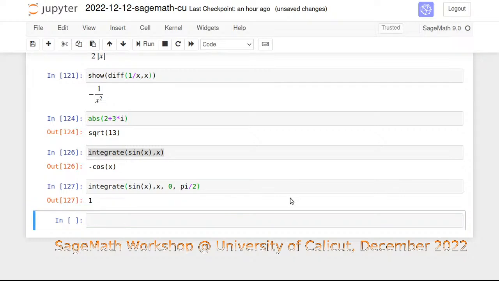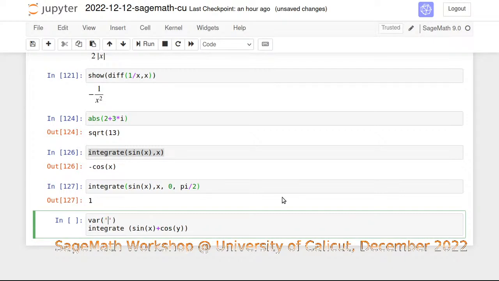Now, as in the previous case, we can integrate multiple times. Again, you have to apply the integrate command multiple times. So integrate with respect to y is also possible. So integrate sin x plus cos y. Of course, remember that we need to define y to be a variable. Since I have already defined that, this var y command is not really necessary here. x will always be considered a variable.